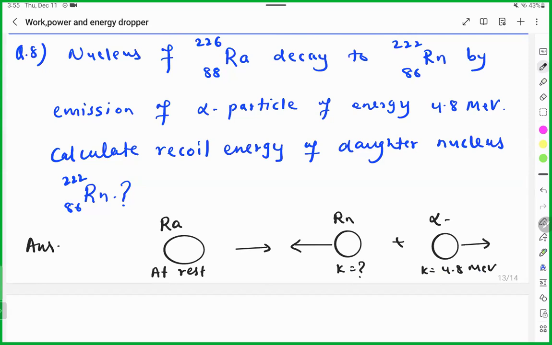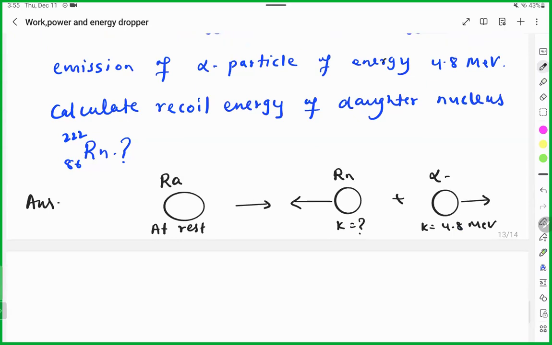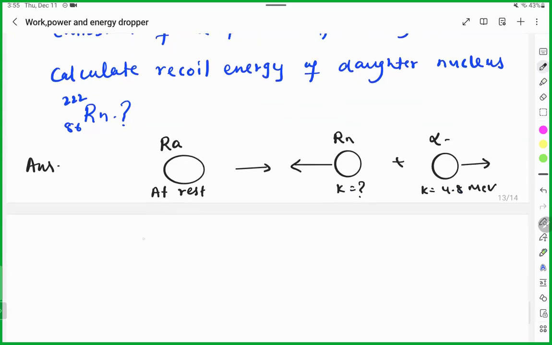If you understand this really well, then you should also understand that we know kinetic energy is equal to P square by 2m. And in radioactive decay there is no external force, so F external is 0.